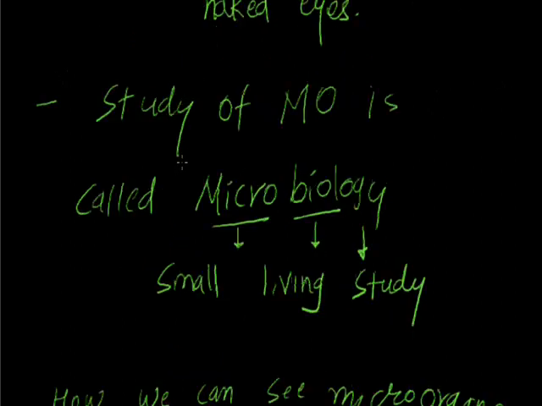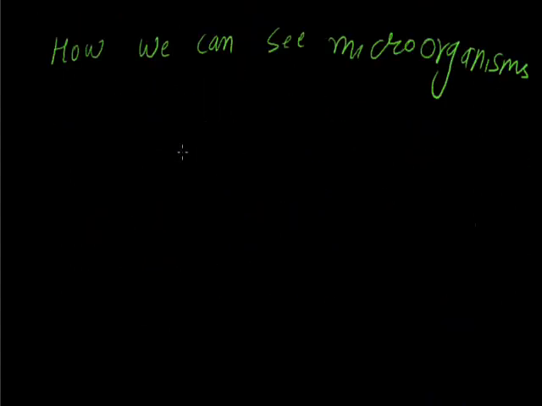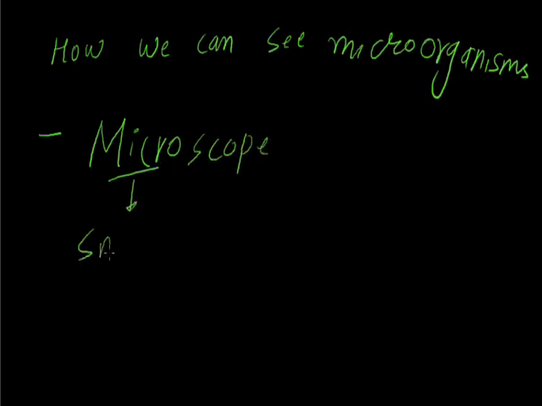How can we see microorganisms? For the study of microorganisms we need a specific instrument. It is the microscope. Micro means very small and scope means to see.